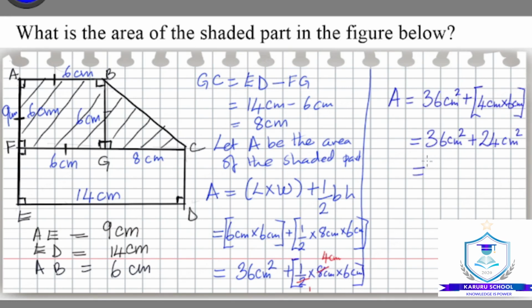So the total area of the shaded part will be 60 centimeters squared.